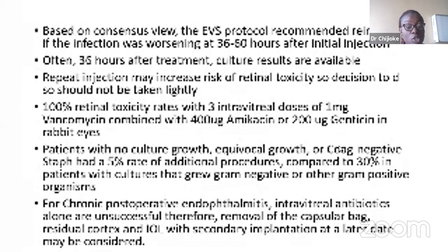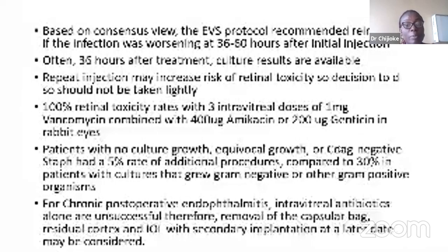Retinal toxicity was seen with 3 intravitreal doses of 1 milligram vancomycin combined with 400 microgram amikacin or 200 microgram gentamicin in rabbit eyes. Patients with no culture, equivocal growth, or coagulase negative staph had a 5% rate of additional procedures, compared to 30% in patients with cultures that grew gram-negative or other gram-positive organisms.